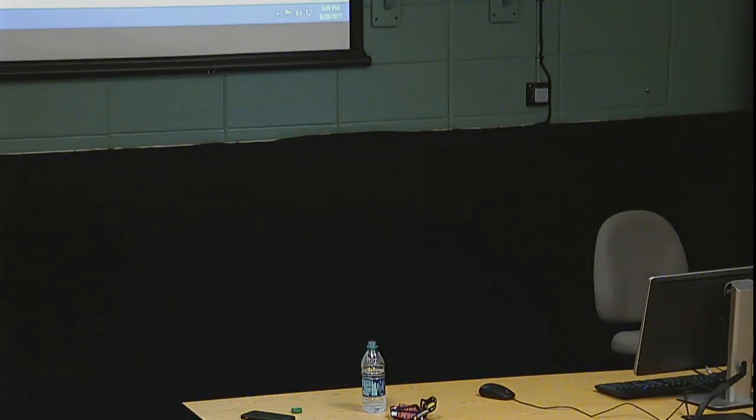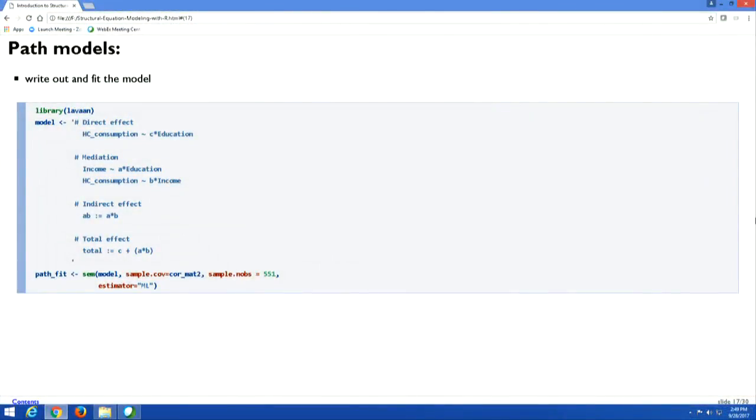So now I've specified the model. I've assigned that to an object that I called model because it's the model. And now I want to actually estimate the model. So I'm using a function called sem, for structural equation modeling. The first argument to the function is the model. In this case, I'm analyzing the correlation matrix directly, so I'm telling the software to access the correlation matrix.